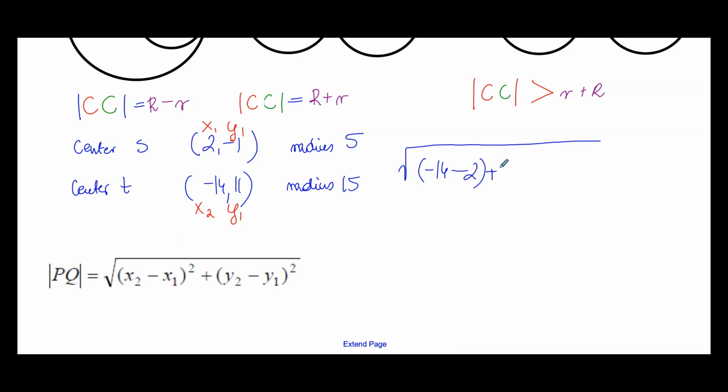Now, does it matter which one is first, second? No. Then y2 is 11, minus y1, minus 1, to the power of 2. And on the other side of the equation, one radius plus the other radius. We put this side in our calculator, we press equal, and we get 20. And then 15 and 5, that's also 20. So yes, both sides are the same. They are equal. So yes, they are touching externally. We just proved that.